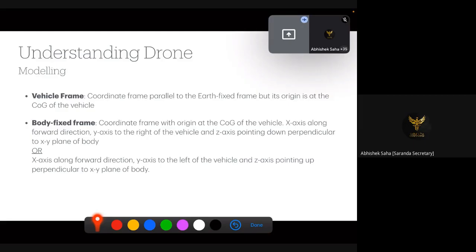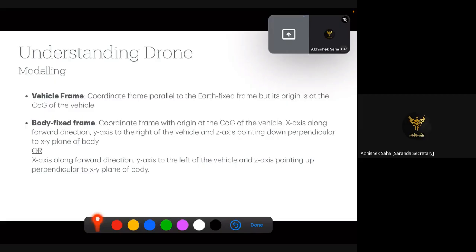And then you have a body fixed frame. In the body fixed frame, typically the forward motion direction of the UAV is considered as the x-axis. If you take the right hand side of the UAV to be the y-axis, then the positive z-axis is vertically down, meaning perpendicular to the xy plane of the body.